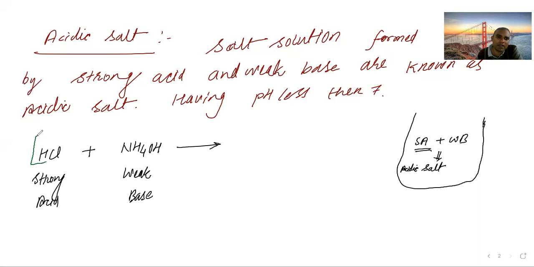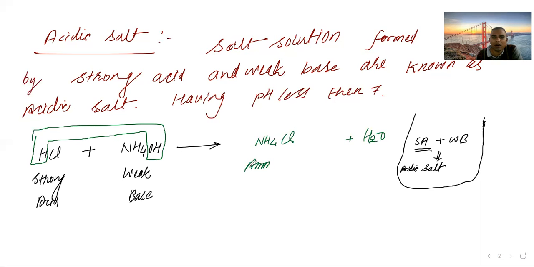So here is H, and from here OH is released, forming H2O. Another thing being formed is NH4Cl, that is ammonium chloride. This ammonium chloride is the salt.